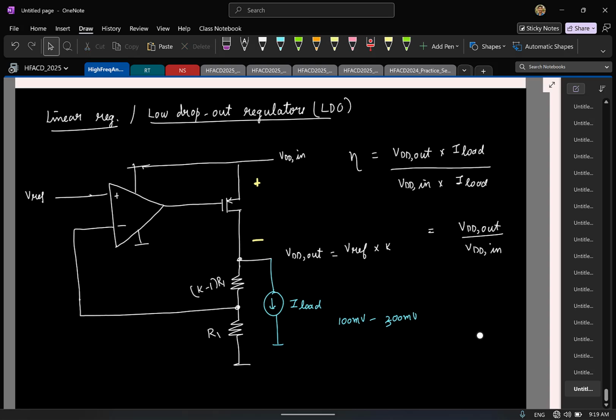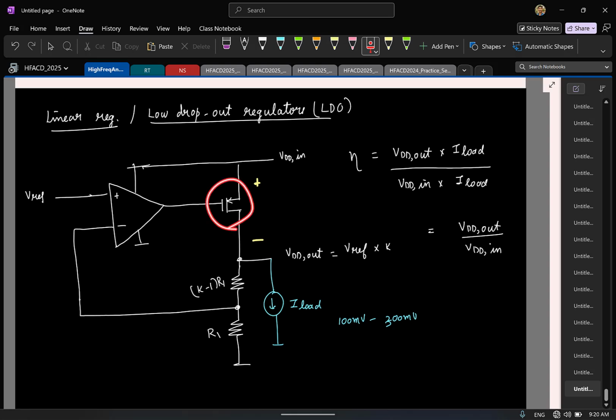So although the LDO implementation at the heart of it is essentially like a two-stage op amp, there are fine nuances in the actual implementation. One is the following. As I already mentioned, the load current here can be significantly large depending on the circuit that you are driving. Let's say the current is of the order of several hundreds of milliamps or sometimes even a few amps.